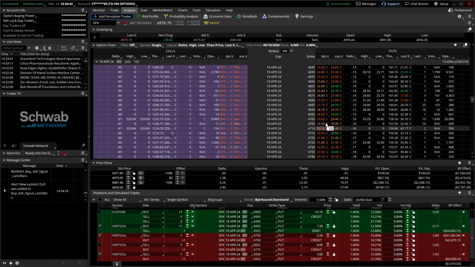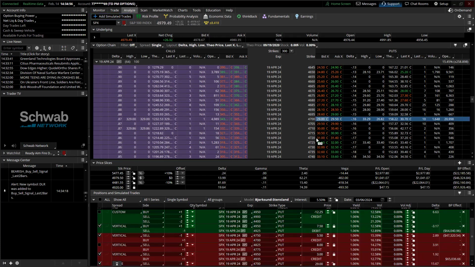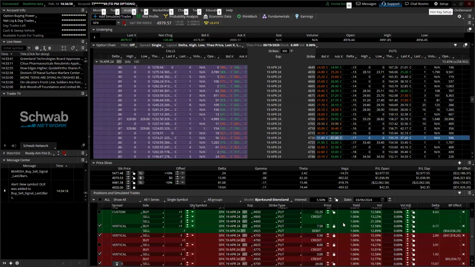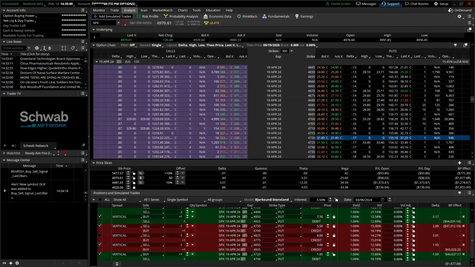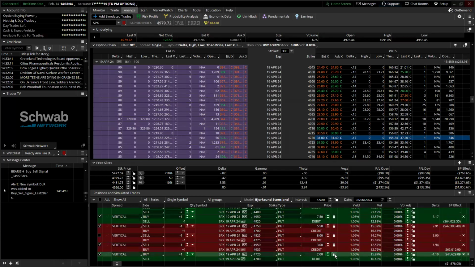Right. So we are short 47.50 and we are long 4,700. So we would be selling the 4,700 and then buying 47.20. Now that's a debit, right? So we collect $3. Let's make this two, right?